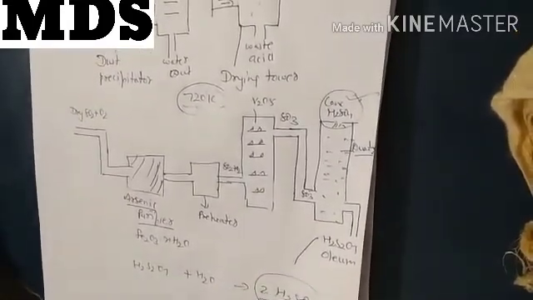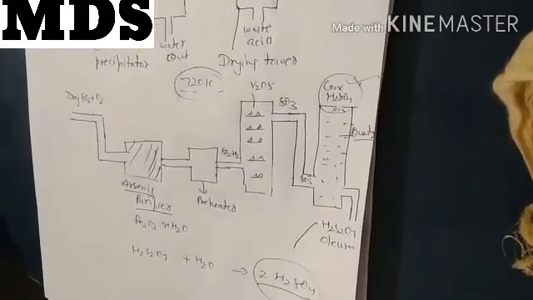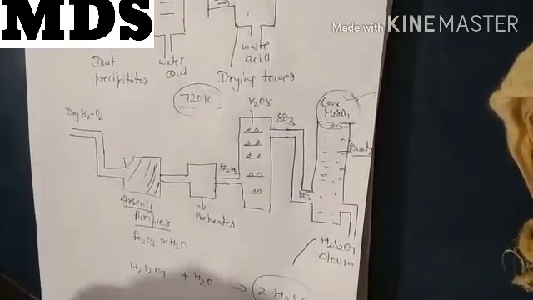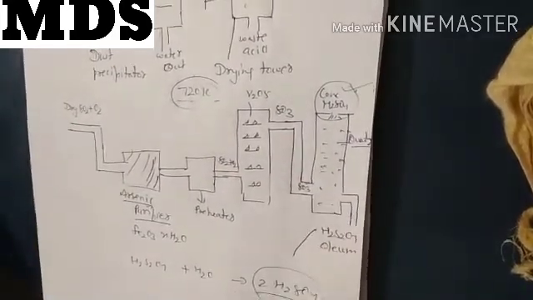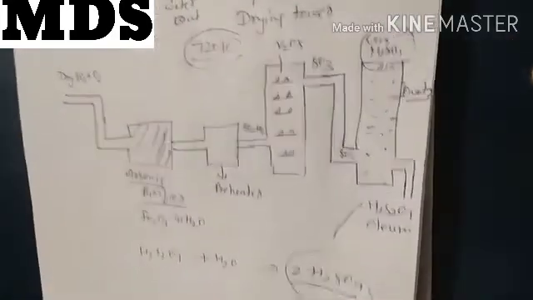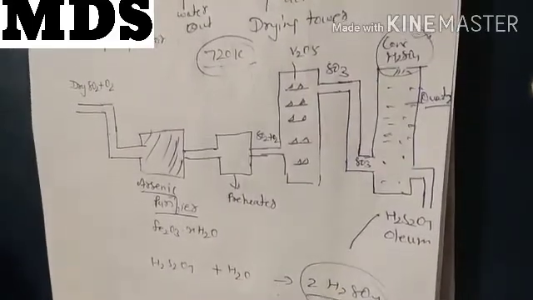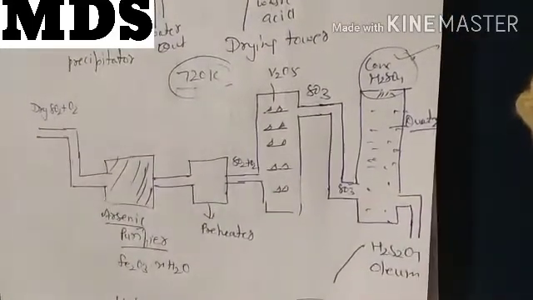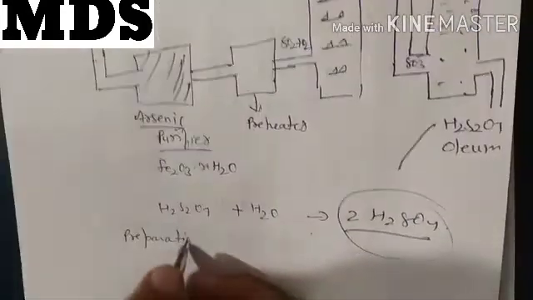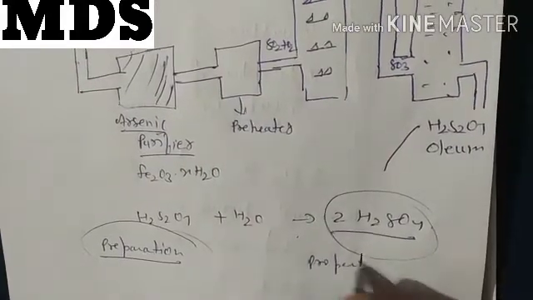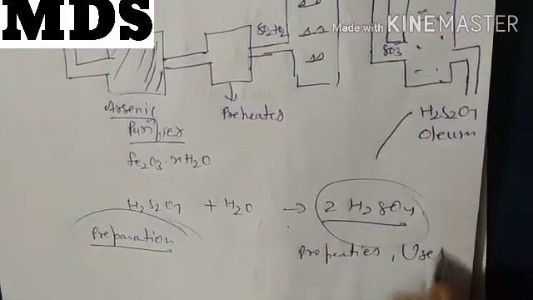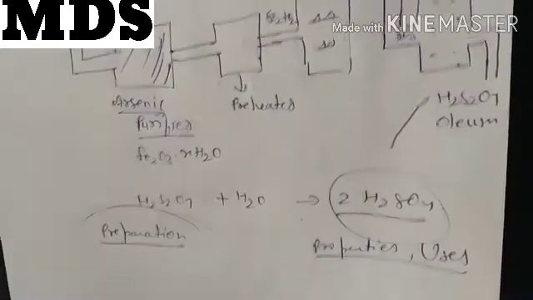So that's how we are producing concentrated sulfuric acid by the contact process. Okay, now today we have discussed the preparation. The preparation is a little bit longer in the case of the contact process. So properties and uses of sulfuric acid we will discuss tomorrow, dear.